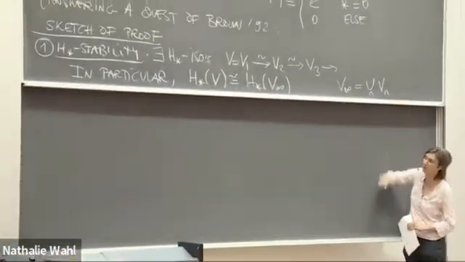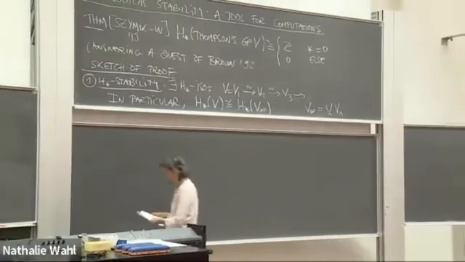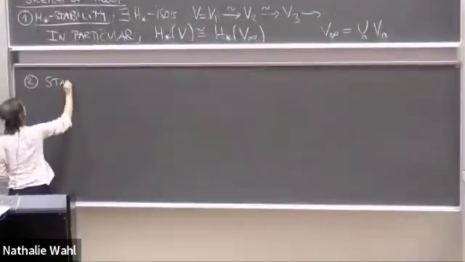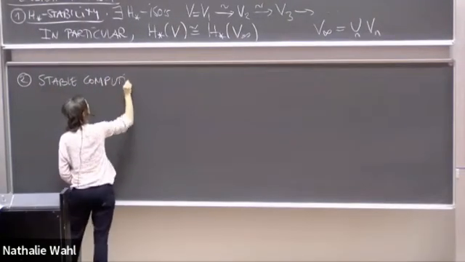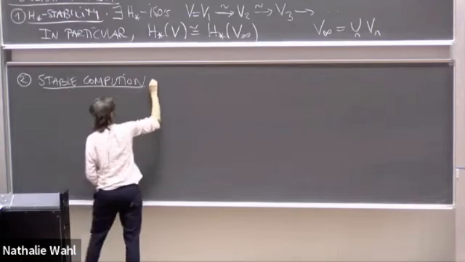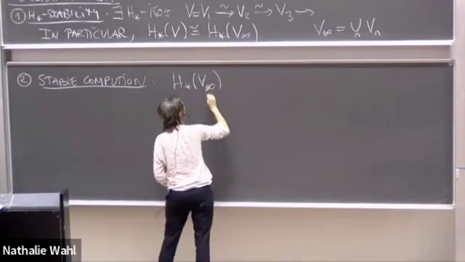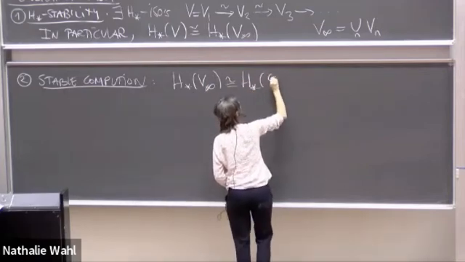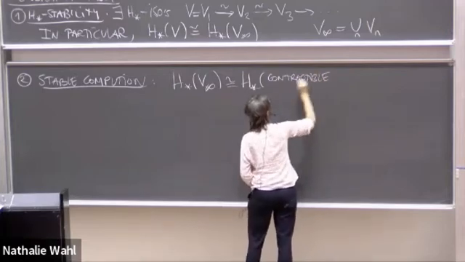Okay, so this is the first part of this proof, and then the second says it's a stable computation, which says that the homology of this limit group V infinity is actually isomorphic to the homology of a contractible space.